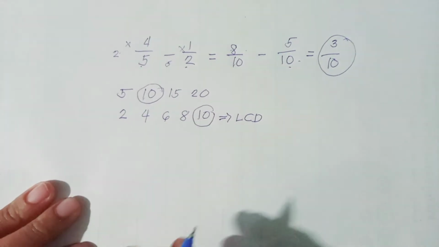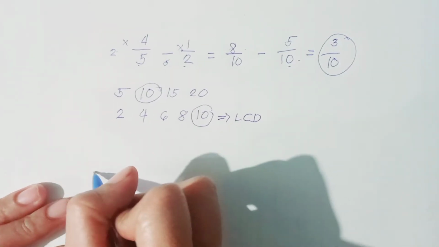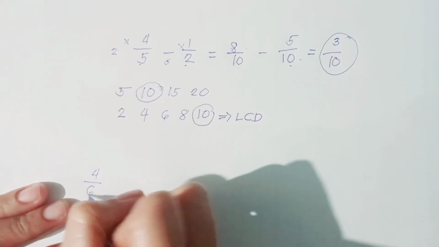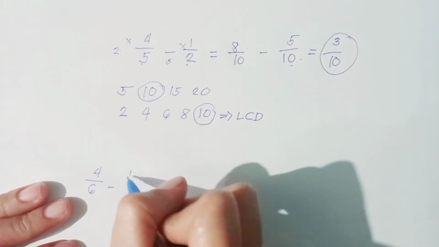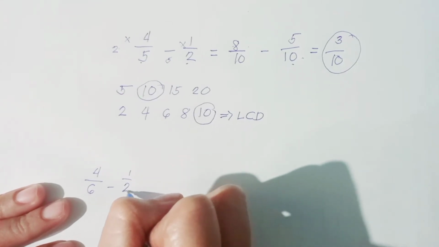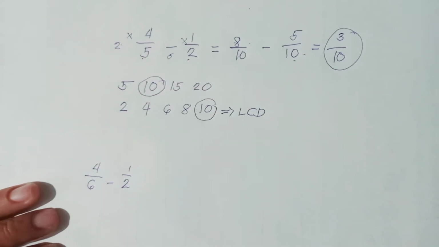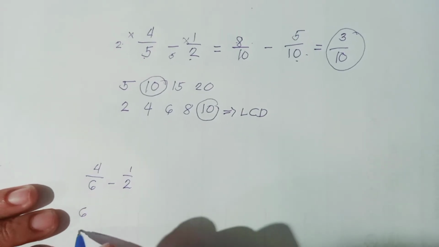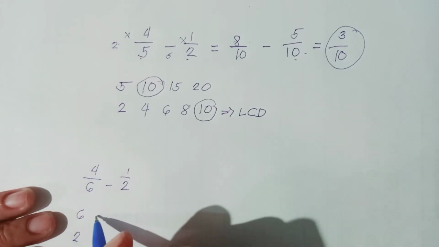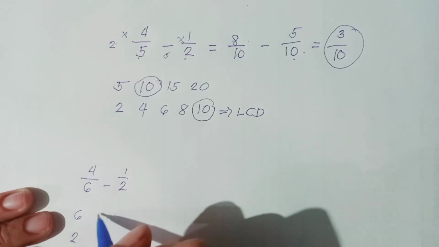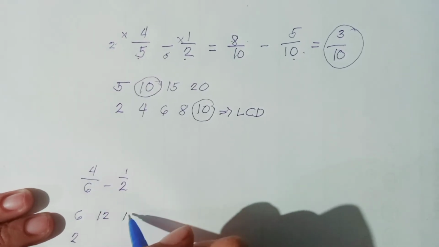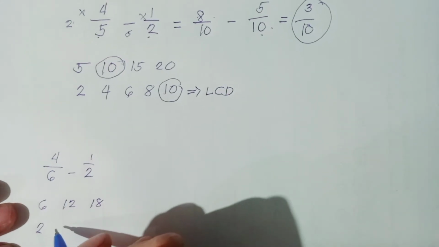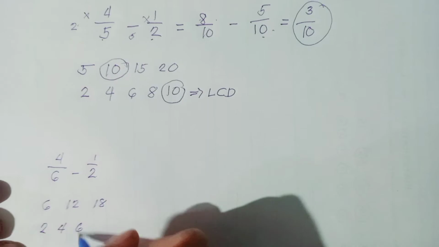Another example. So we have 4/6 minus 1/2. Our denominators are 6 and 2, so we need to list the multiples. 6, skip counting by 6: 6, 12, 18. 2, skip counting by 2: 2, 4, 6.